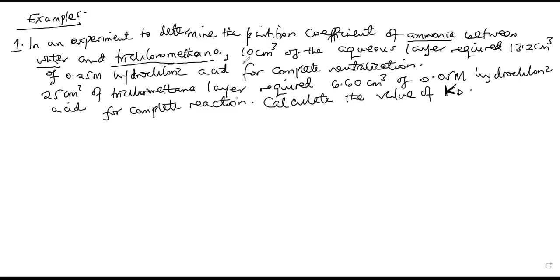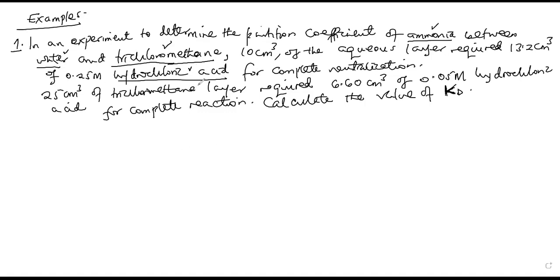Now, 10 cubic centimeters of aqueous layer required 13.2 cubic centimeters of 0.25 molar hydrochloric acid for complete reaction. Meaning that our solid is ammonia, our solvents are water and trichloromethane, and our standard solution is hydrochloric acid.